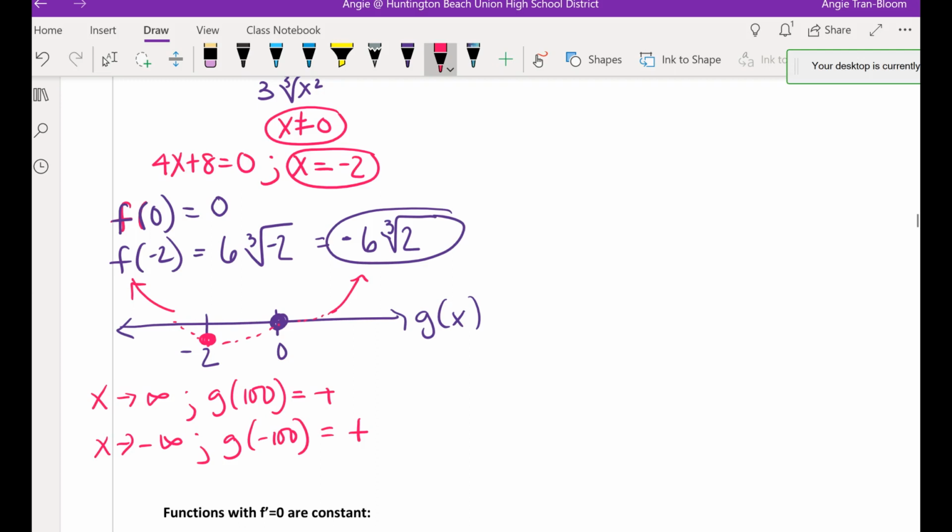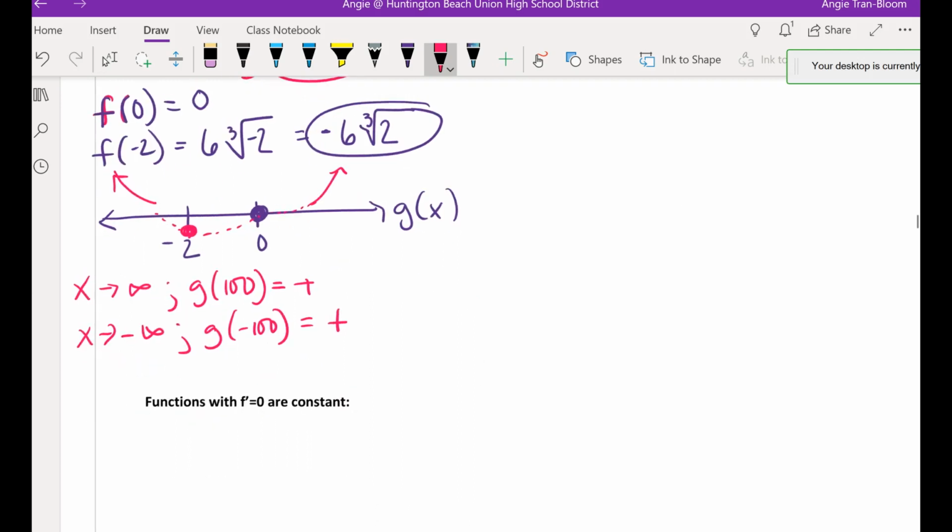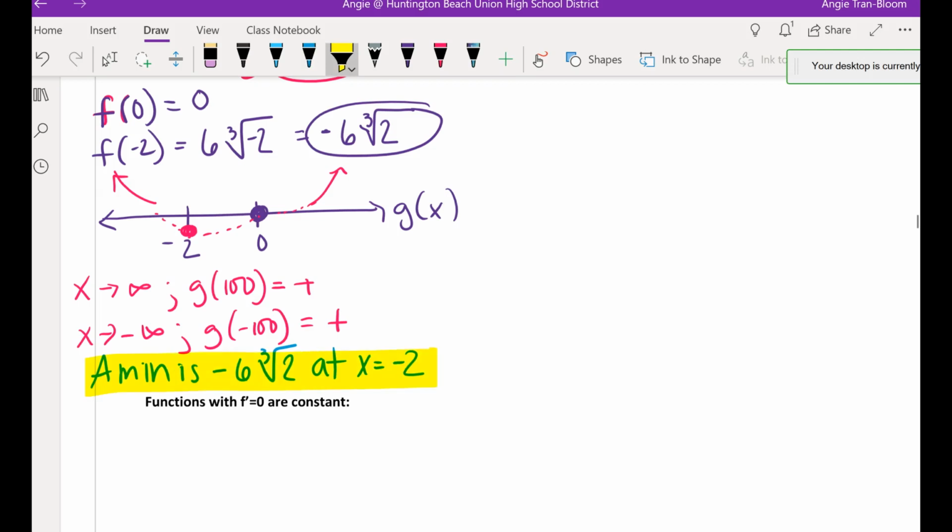Is it a parabola, really? Okay, well, let's see. For sure, I know right away, do I have an absolute min? Yes. Okay. An absolute min is where? Yep, it is -6 cube root of 2 at x equals -2, right, y'all? What do you call the 0?